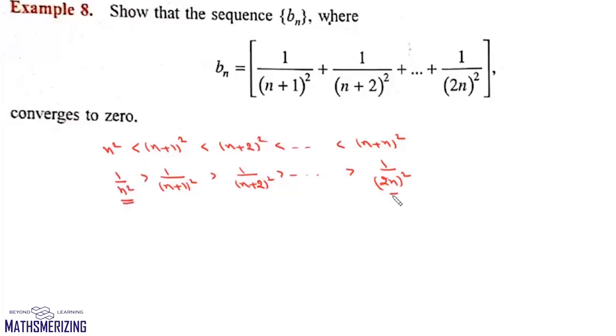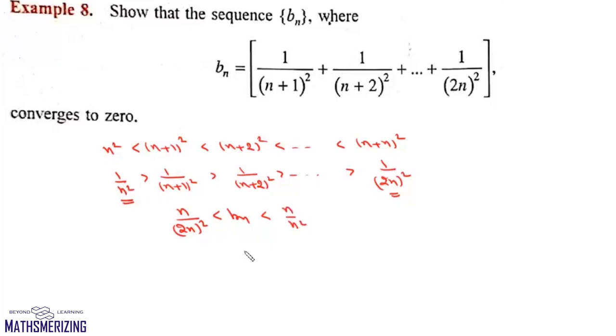Now using these two extreme values, we can say that for all these n terms, the smallest value is 1 upon (2n) square, so bn will always be greater than n upon (2n) whole square, and its maximum value is 1 upon (n plus 1) square, which is less than 1 upon n square, so it will be less than n upon n square.